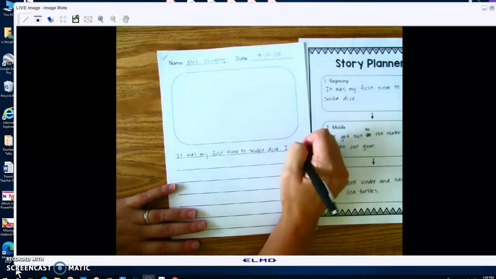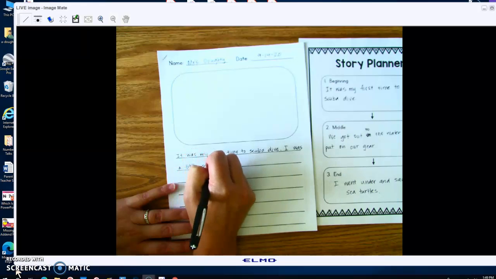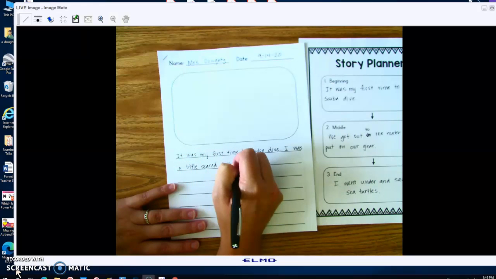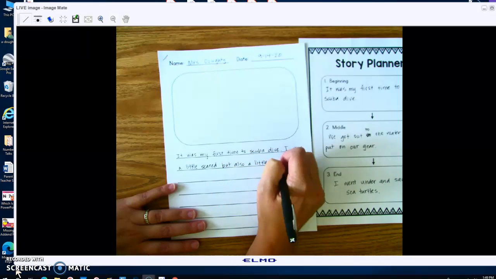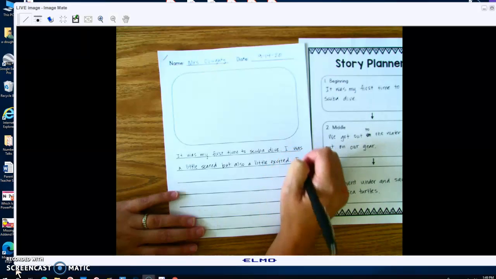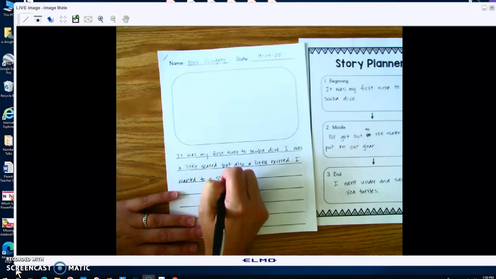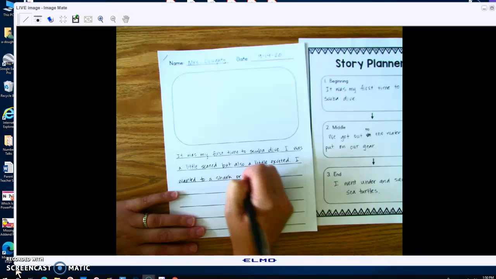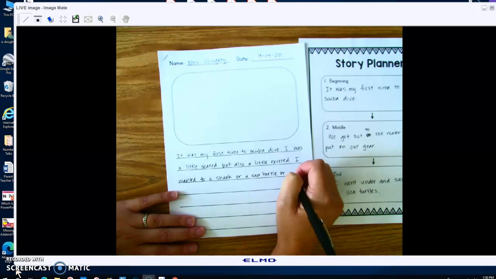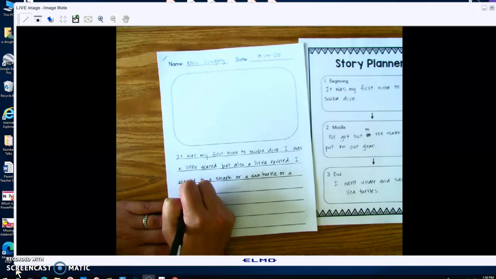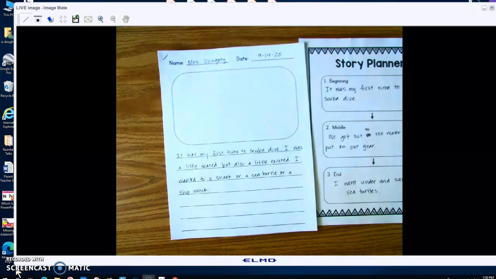I was a little scared, but also a little excited. Okay, I wanted to see a shark or a sea turtle or a shipwreck. Okay, those are the things I wanted to see when I was going scuba diving.